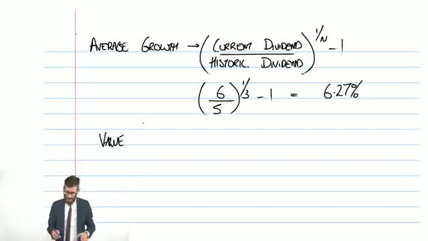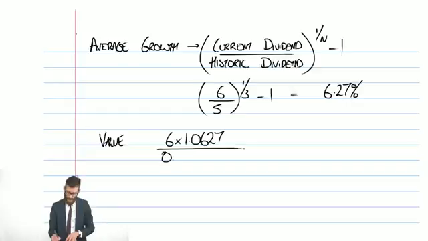There we go. So the value of the business is the current dividend multiplied by 1 plus growth, growth being 6.27%, divided by the cost of equity, which we read in the question to be 9%, minus 0.0627.